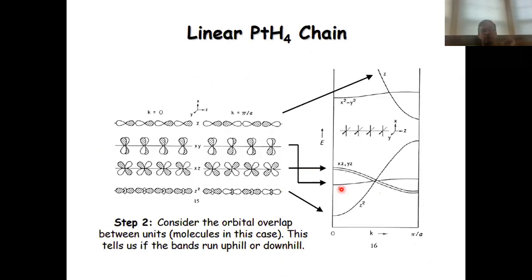Now, let us construct our band diagram by combining the metal valence orbitals to form a one-dimensional chain.